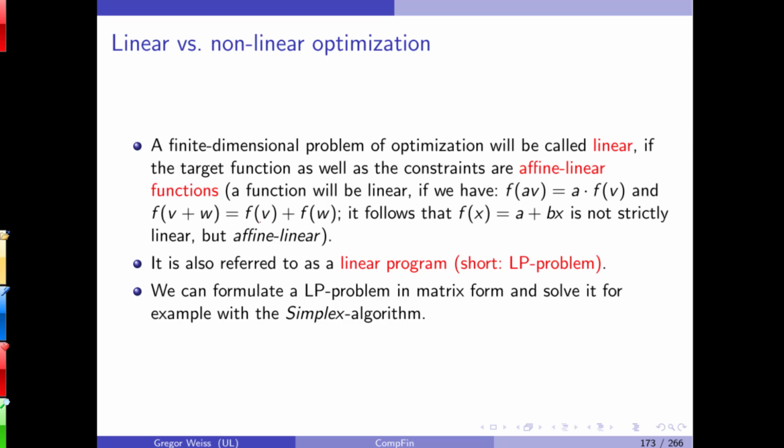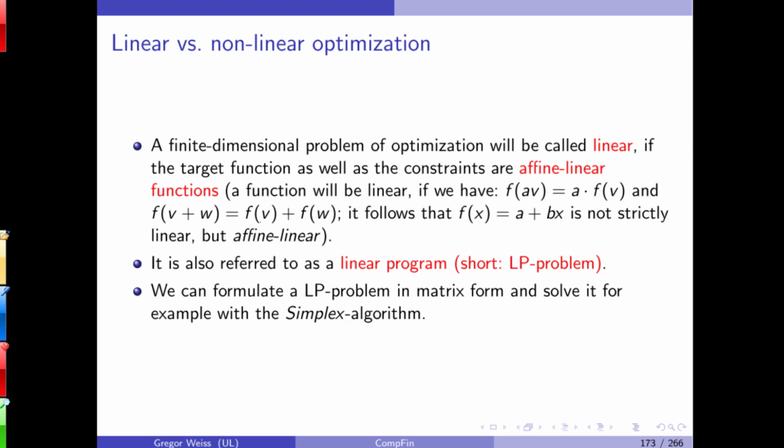It's quite nice because we have a very strong and very powerful algorithm to solve such a problem. That's the simplex algorithm that dates back to, I think, the 40s or 50s. With linear programming, it's quite easy to solve for the solution of a linear program.